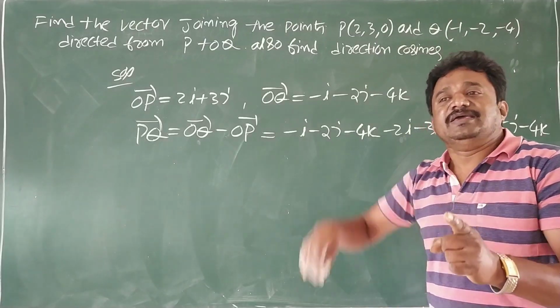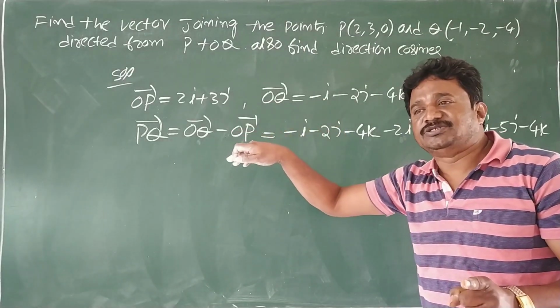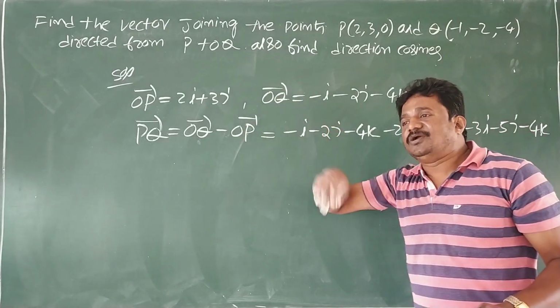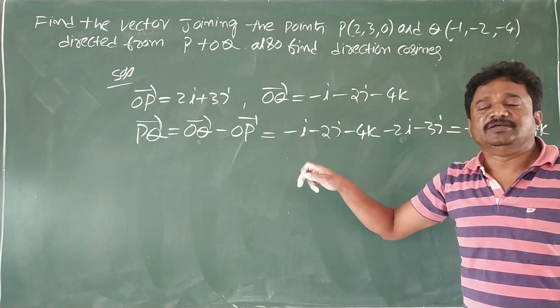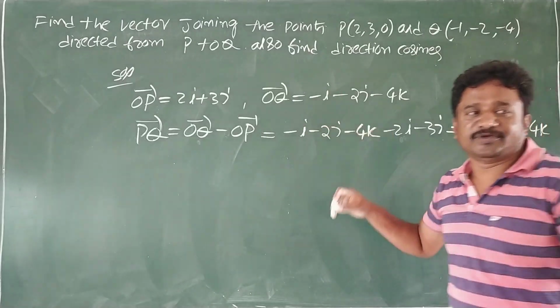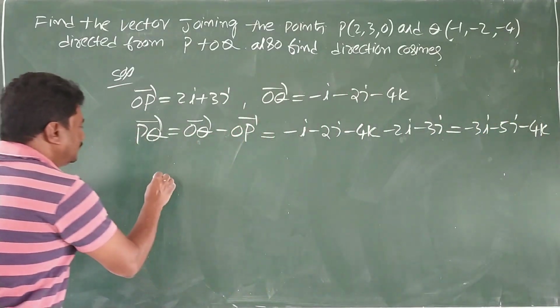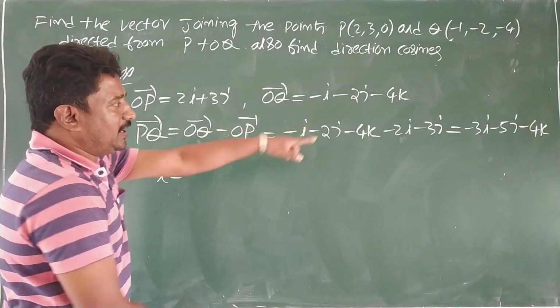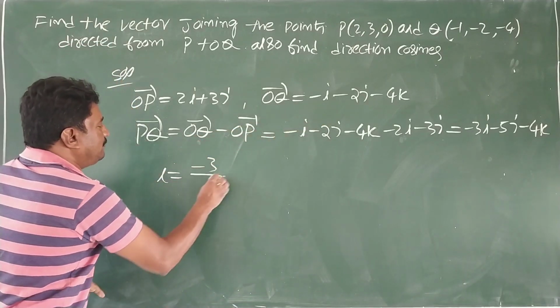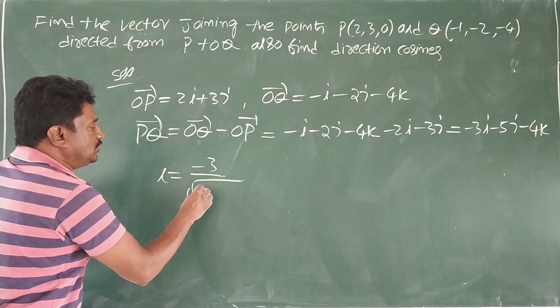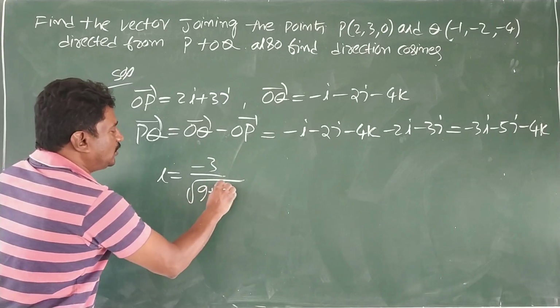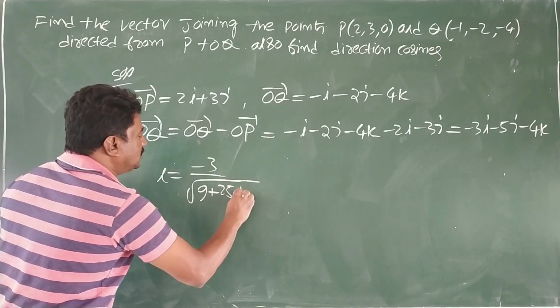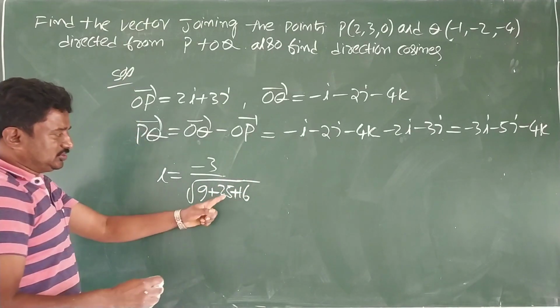What is l? a by root of a square plus b square plus c square. m is b by root of a square plus b square plus c square. n is c by root of the same. Calculate l: a is minus 3, so minus 3 by root of (minus 3) whole square 9, plus 5 square 25, plus 4 square 16.